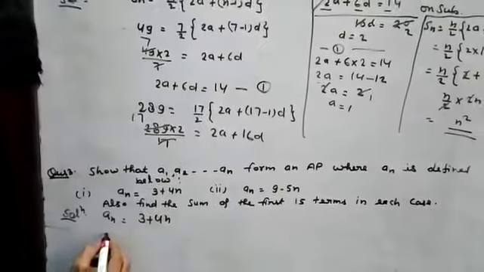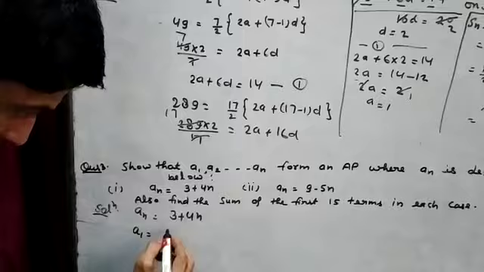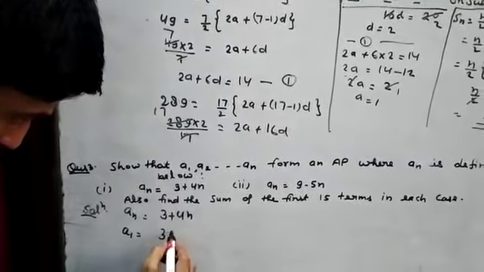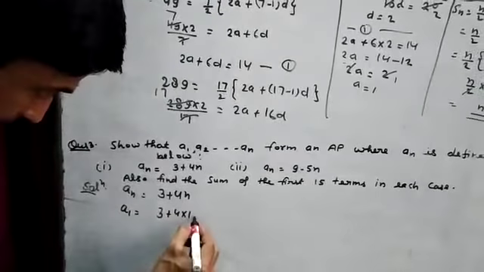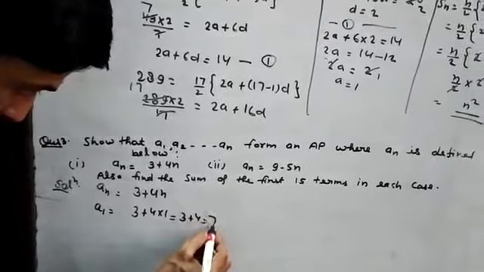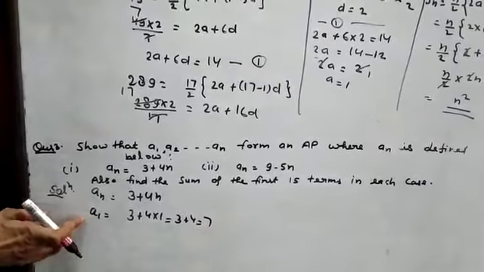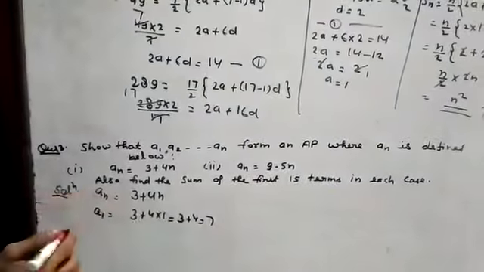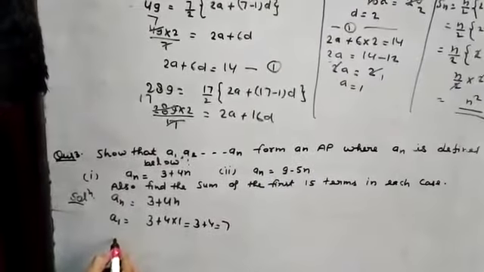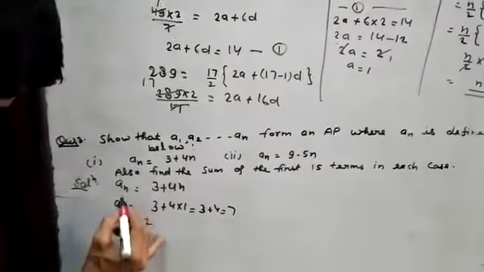So first of all we put n equal to 1. 3 plus 4 multiplied by 1. 3 plus 4 is 7. Means this a1, that's your first number. After it, n equal to 2.